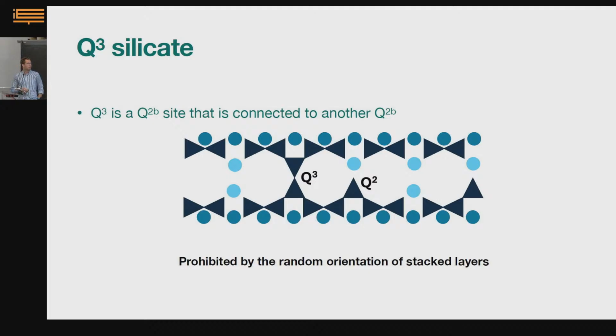But with the broadness of the CSH XRD reflection, and the twisting, you don't have perfectly aligned layers, so a Q3 is technically impossible in the cementitious CSH structure, and they're only reserved for perfect crystalline tobermorite. So it's prohibited by the random rotation of stacked layers.